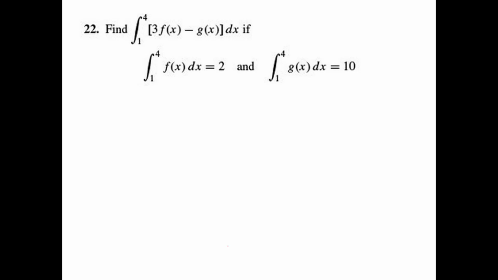So in this example, we want to find the definite integral from 1 to 4 of 3 times f of x minus g of x, if we know the definite integral from 1 to 4 of f of x is 2 and the definite integral from 1 to 4 of g of x is 10.